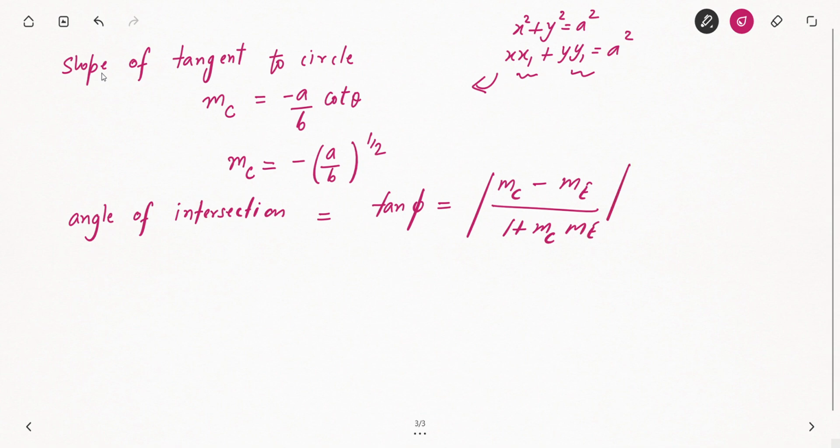So if I put the values, then it will be a upon b to the power 1 upon 2 minus b upon a to the power 3 upon 2.